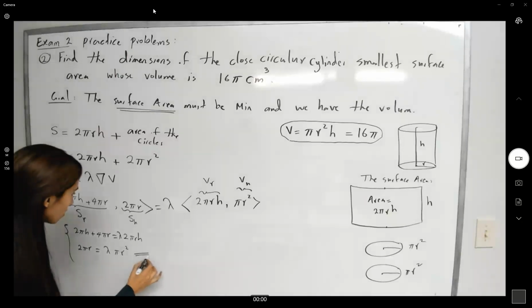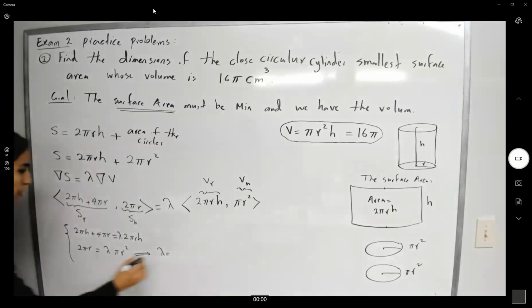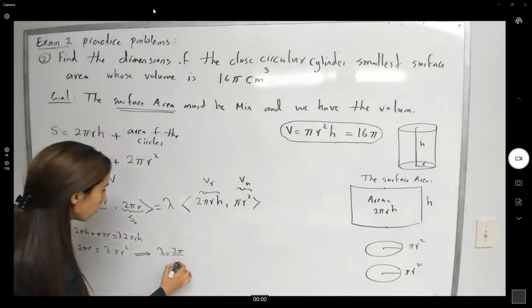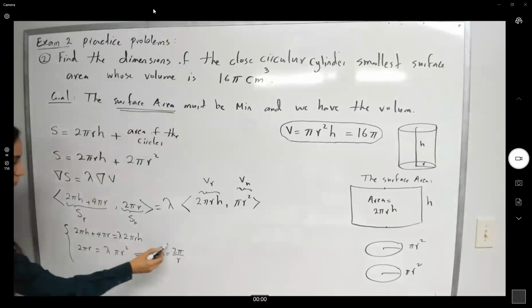So you can write this down as lambda equals 2 pi divided by r. And then you can substitute that for your lambda here and start trying to solve for r and h.